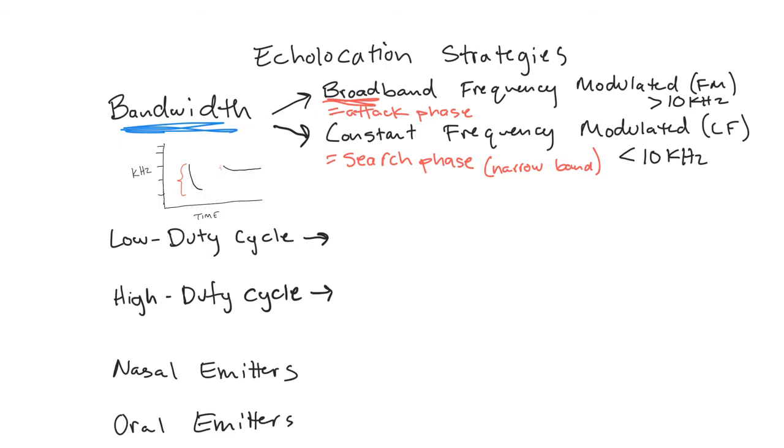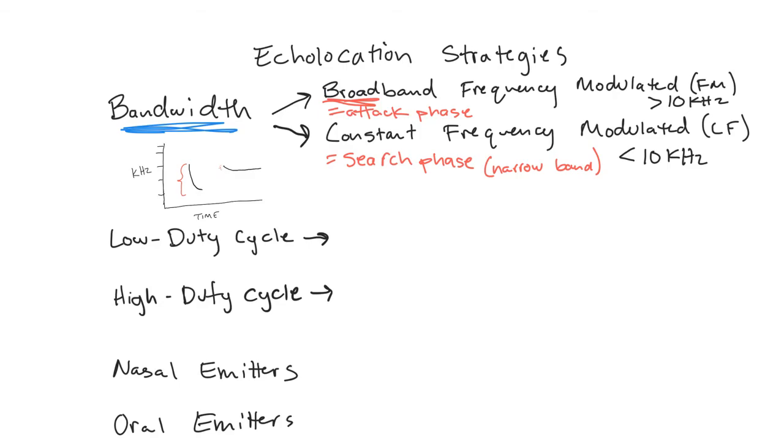So if you're doing just this broadband frequency call to find things and it hits something, it's not going to allow it to pinpoint the location very well because it has too many calls in there. It's going to be affected by the Doppler effect.